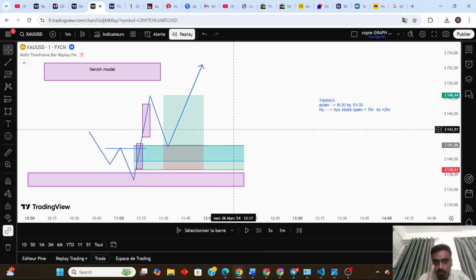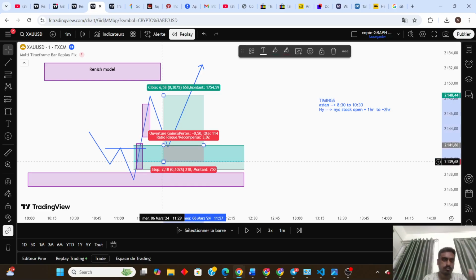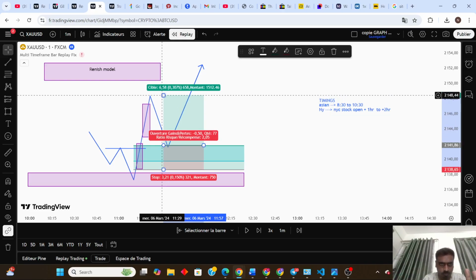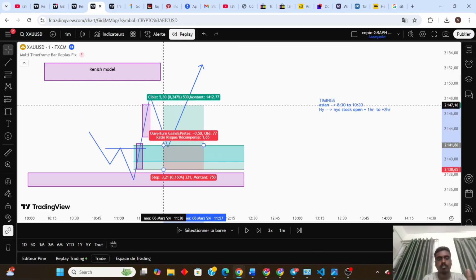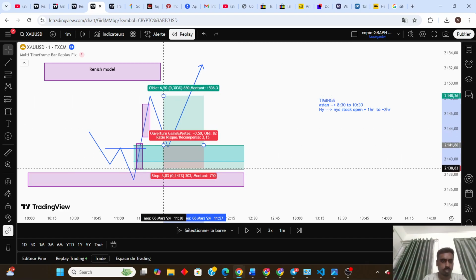And you know what is the best part about this model? As soon as you enter, and the trade goes a little bit in your favor, like 1:1, either you can take 1:1, or you can do this.